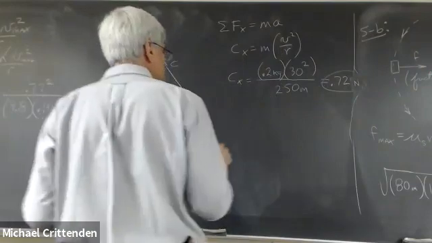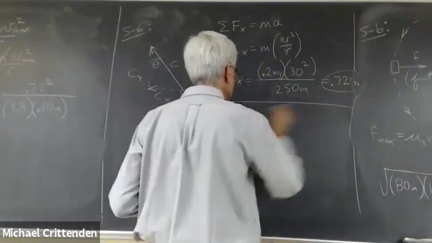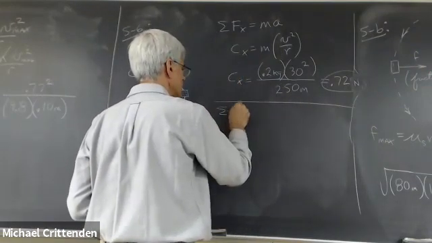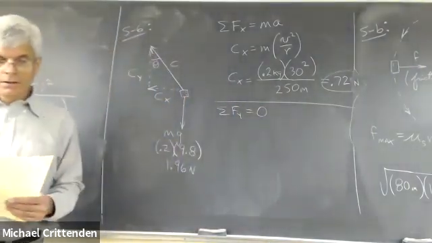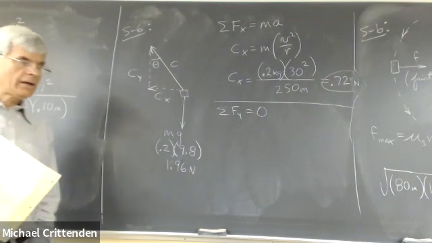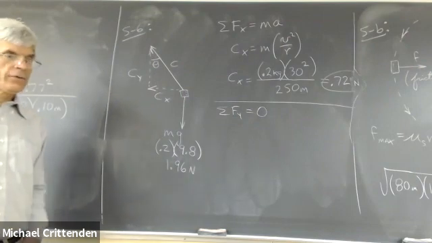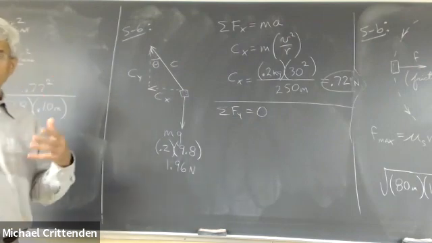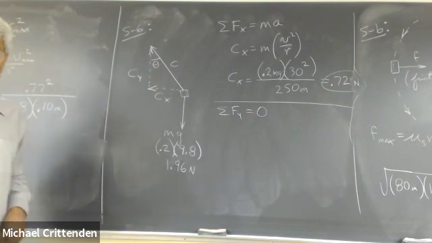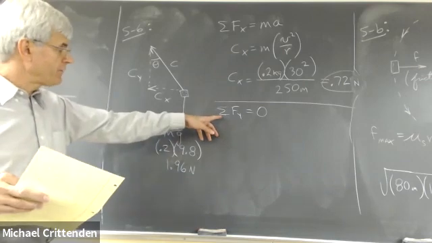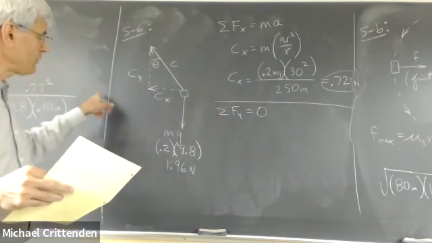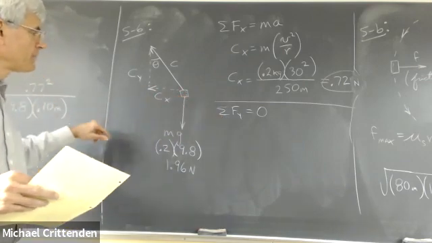In the Y direction. Assuming the car is on a level, horizontal road, it's not a helicopter or something like that. If it's just moving horizontally, then vertically the forces have to balance. All of the acceleration is in the X direction.